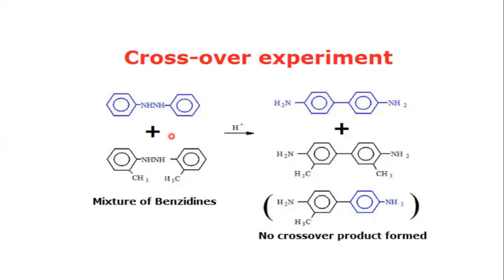You can see here the experiment for the crossover experiment. And this is the benzidine. This is the substituted benzidine. Now you will get, after protonation in acidic medium, this molecule from this only, and this molecule from this starting material or reactant here.